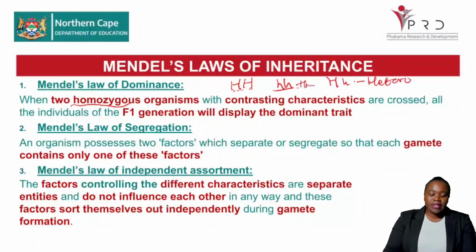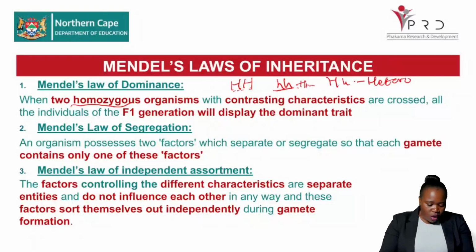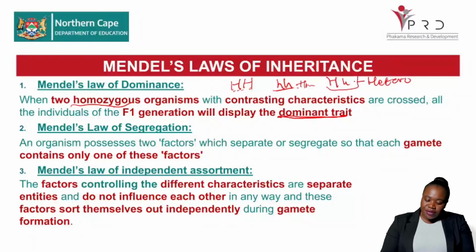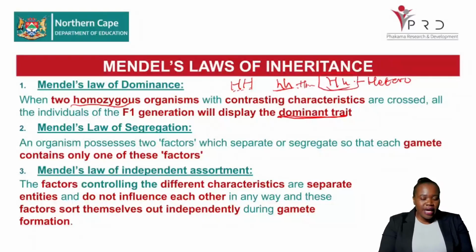Now, when 2 homozygous organisms with contrasting characteristics are crossed, all the individuals of the F1 generation will display the dominant trait. Again, what is dominant? Go back and check what is the dominant trait. That is the trait that is going to show up even when we have a heterozygous genotype. So here, this can represent long hair, and the small letter h represents short hair.